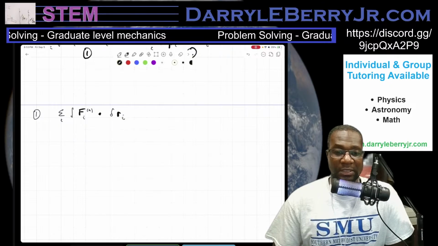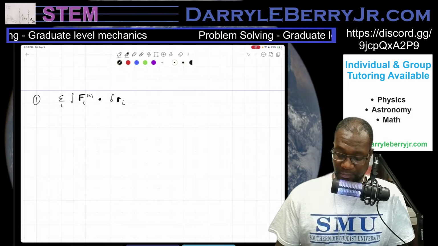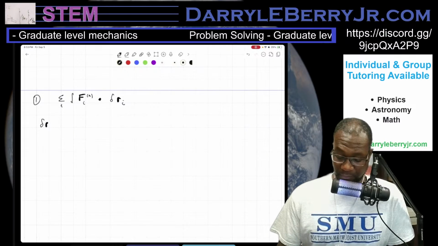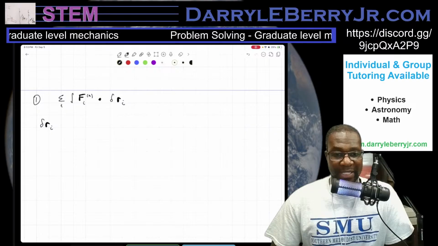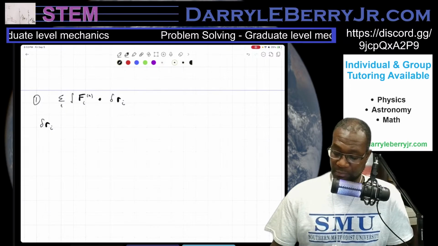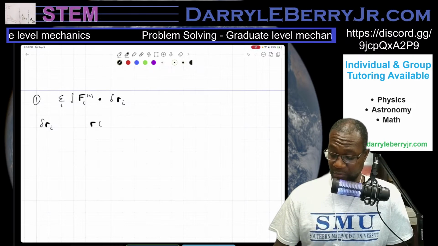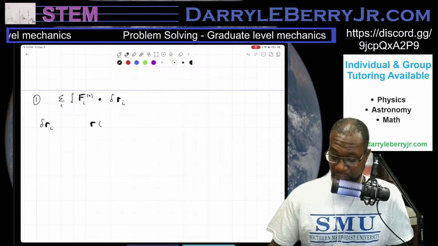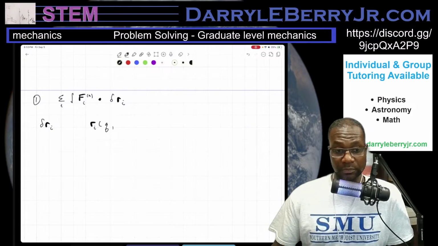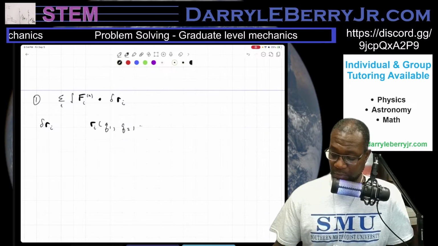And one thing that happens is this can be broken up into its component parts. Remember that r has its separate components, q1, q2, and so forth to qn and t.